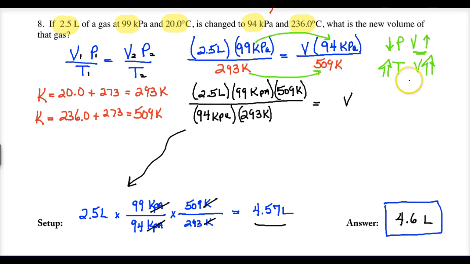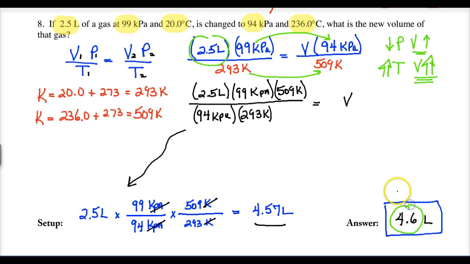So we have an increase in volume from the temperature increasing a lot, and an increase in volume from the pressure dropping a little bit. So I would expect my volume to almost double, and I start with 2.5 liters and I got 4.6.